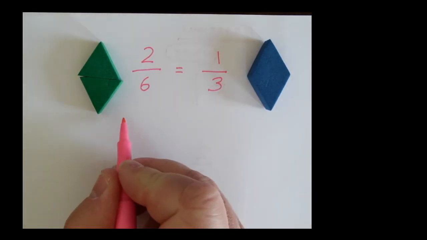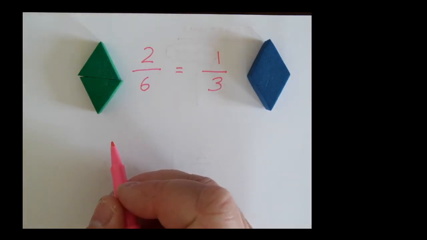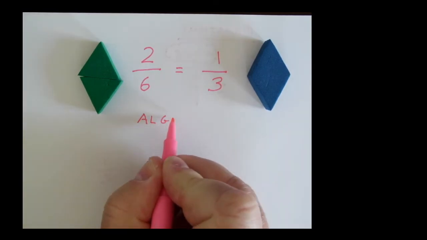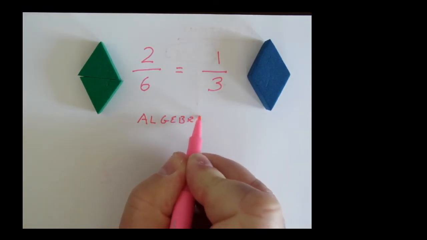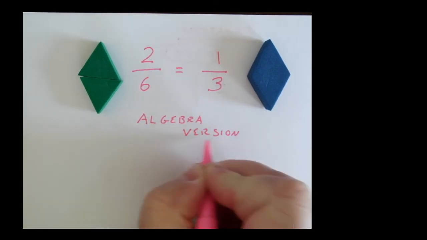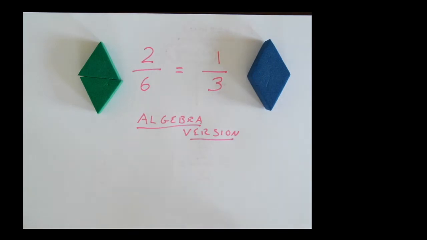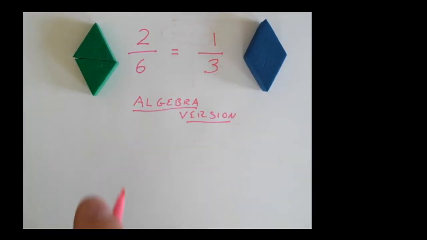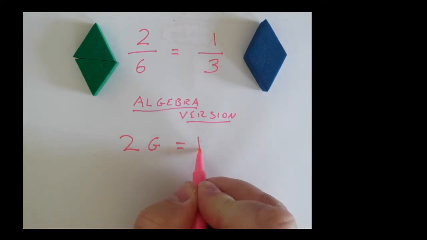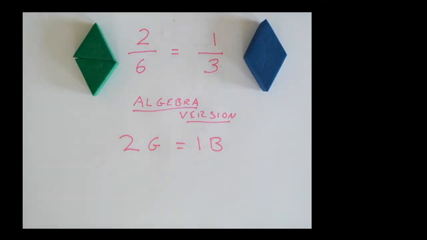We can also write it, and this might be a new word for you guys, we'll call it the algebra version. The algebra version of this is 2 greens equals 1 blue.